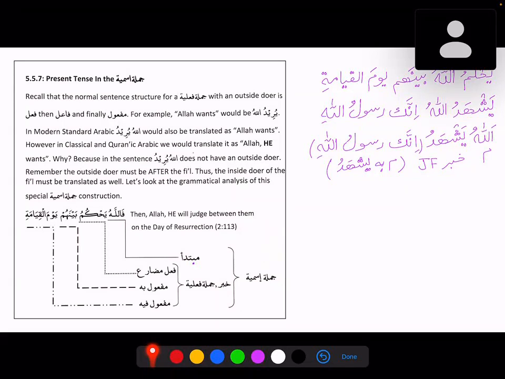one sentence can start with Jumla Ismiya, but then its khabar is going to be Jumla Fe'liya. That is very common in Quran Pak. So this is what we are going to learn today. Or sometimes a sentence starts with Jumla Fe'liya and then its maf'ul, because the fail is already in the verb, right?